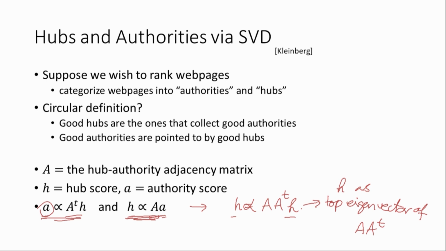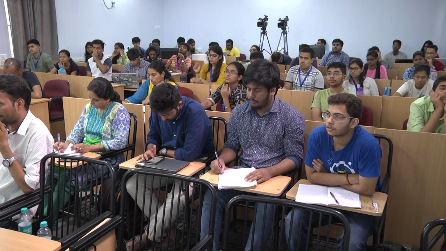right? So if I think of iterating these 2, if I think of, let's say, initializing this capital A and capital H, and keeping on iterating until I reach a stable point, where I'm going to stop is really H being the top eigenvector of A A transpose, and small a being what? What would be the authority score?